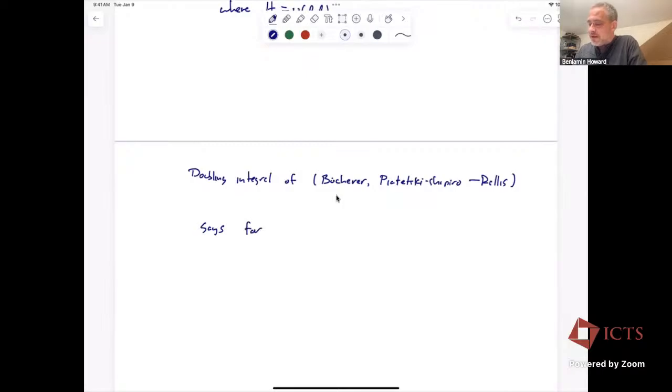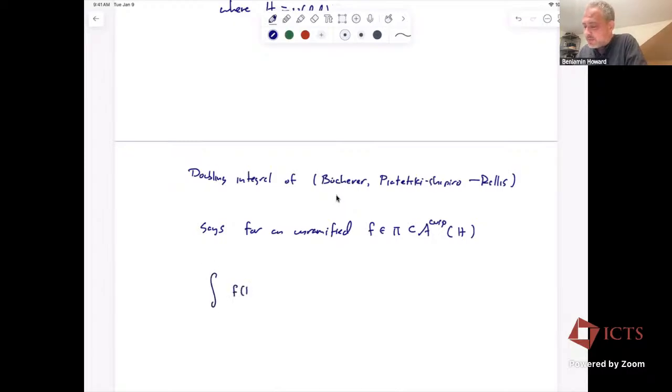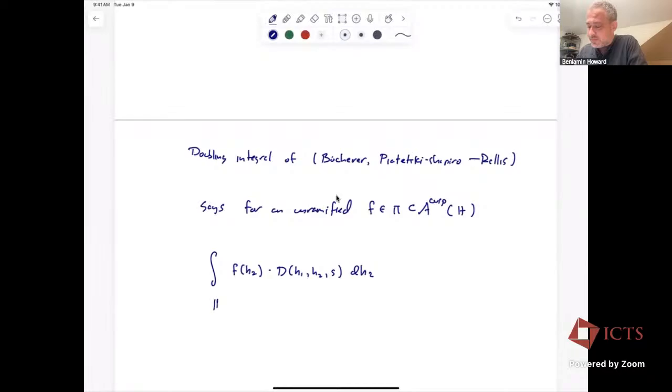For an unramified automorphic form f living inside of some cuspidal irreducible automorphic representation, so inside the space of cusp forms on H, if I take this automorphic form on H, integrate it against the doubling kernel in one of the variables to get an automorphic form in the other variable, okay, so whatever this integral is, it's an automorphic form in the variable h1.